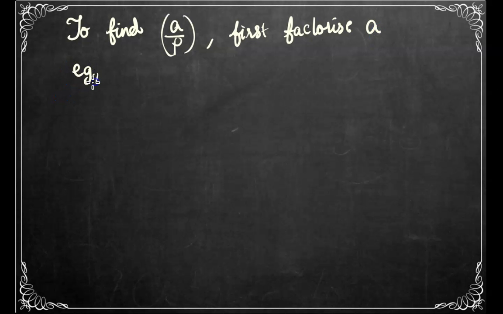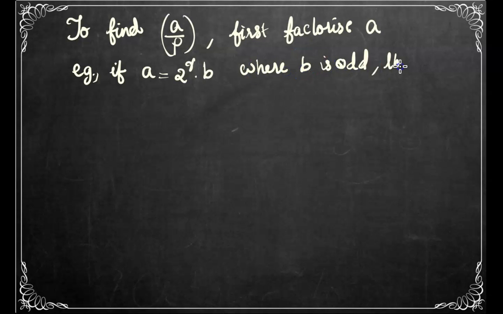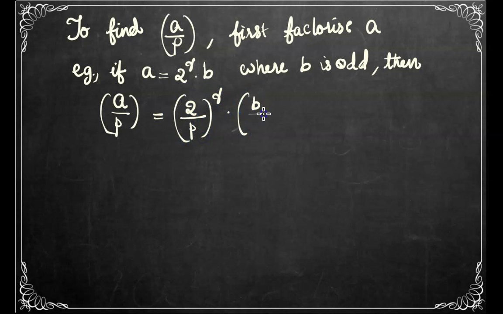Now, to evaluate a Legendre symbol of the form (a/p), we can first factorize a. For example, if a is equal to 2^r times b, where b is odd, then the Legendre symbol (a/p) is equal to (2/p)^r times the Legendre symbol (b/p).